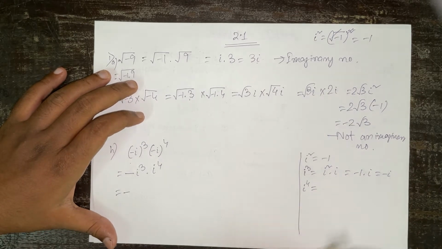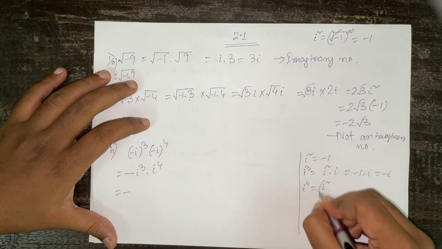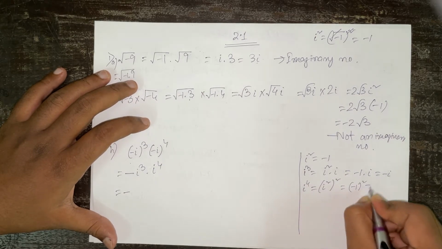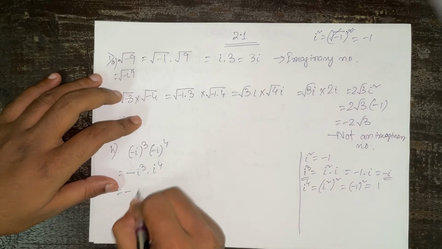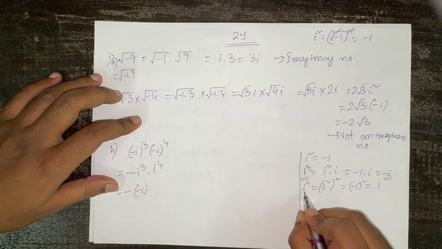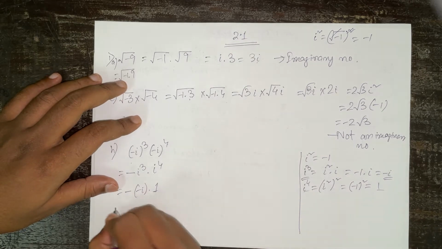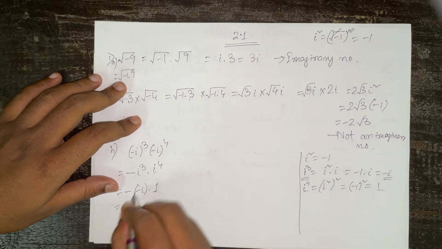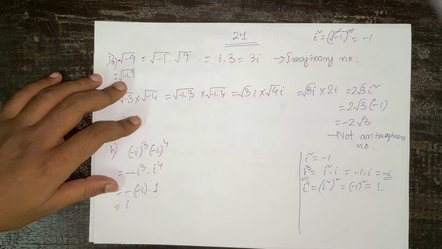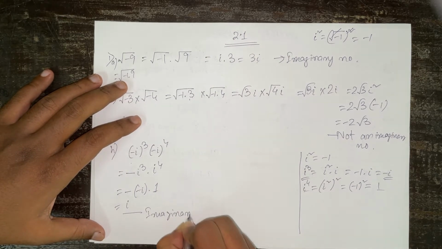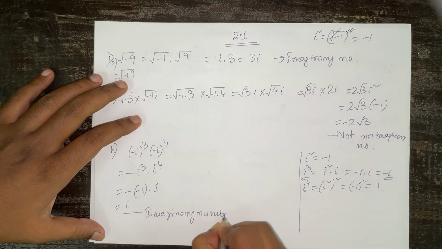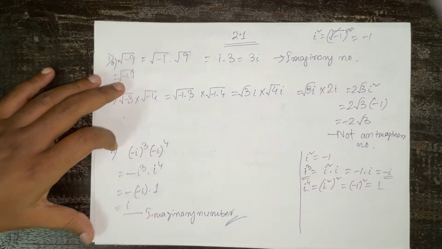Similarly, what is i to the power 4? i to the power 4 can be written as i square whole square. i square is minus 1, whole square, so it is 1. So i cube is minus i and i to the power 4 is 1. So ultimately we get positive i into 1, which is positive i, an imaginary number, of course. I hope you get it.